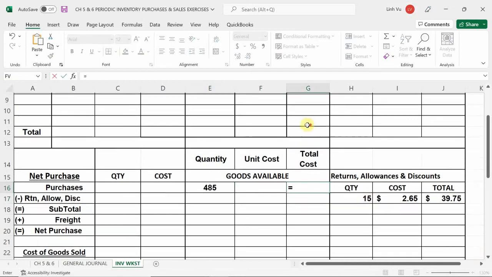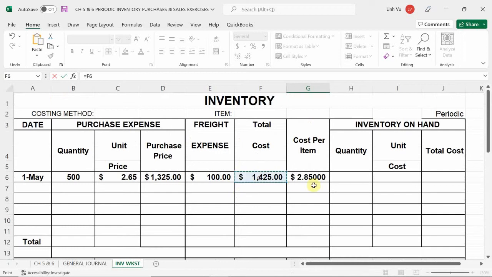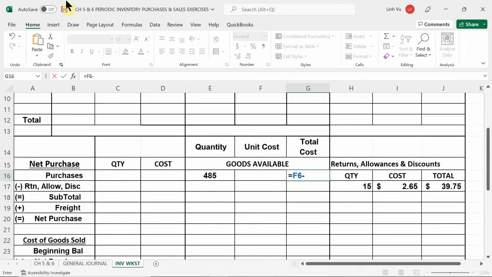My total cost, if I started with $14.25 and I got a refund of $39.75, I'm going to have now $13.85 and 25 cents. So now I have a new total cost and a new total quantity. I also need to resolve my cost per item. After the refund was issued, how much is my cost per item now?